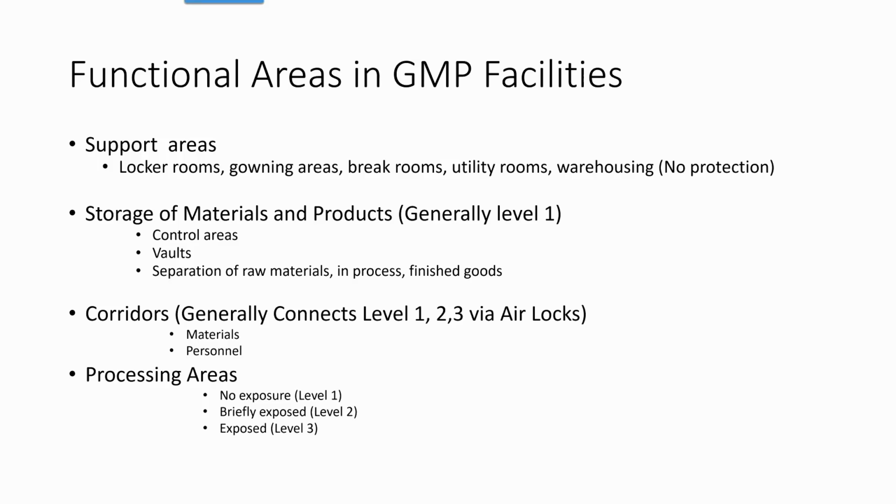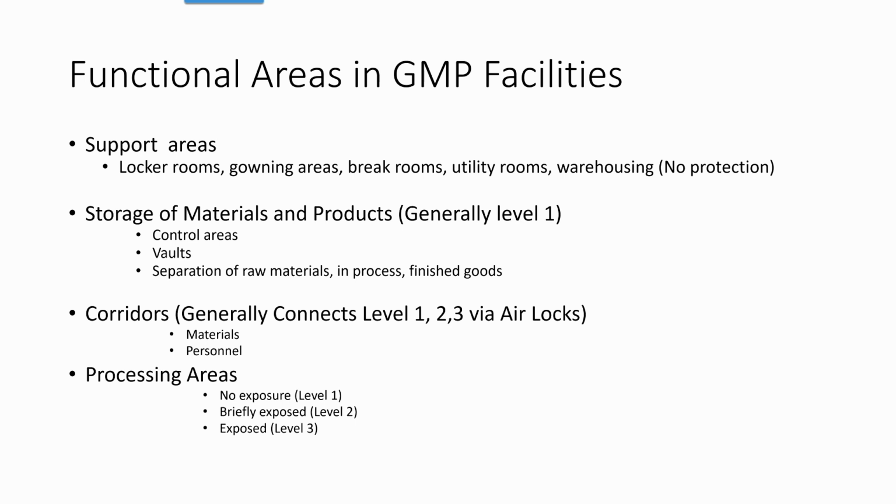So go and look for control areas. Typically where you have storage of materials, you also have to have a separate plan for storage of your solvents, and that may be outside, for example. Vaults would be another thing you need to be thinking about, and then separation of the raw materials, in-process, and finished goods, and all of those different quality functions that we talked about in the Q7 just a couple slides ago.